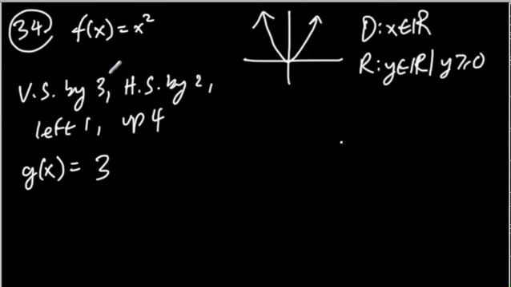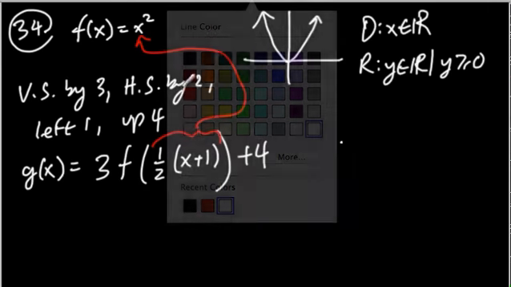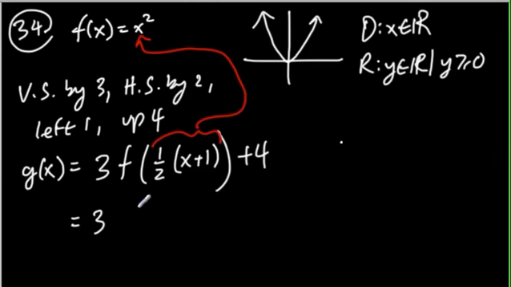So we can do 3. That's the vertical. So f of horizontal stretch by 2, so that becomes half. Left 1, so it's x minus 1. Oh, sorry, x plus 1, because it's left, it's counterintuitive, so it's x plus 1. And then up 4. And remember, all we're doing is taking this argument and plugging it into that x over there. So what this would be is simply 3 f of one half x plus 1, squared, plus 4.